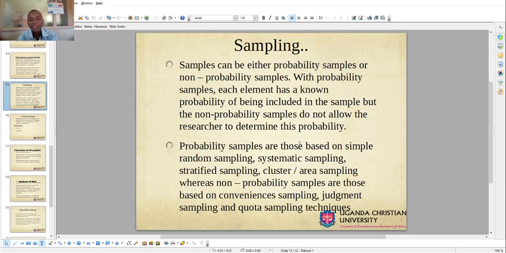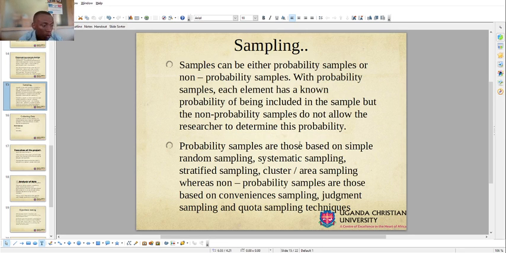Then I mix them, and I close my eyes and I choose. So that will have given an equal chance to each and every element to be selected.